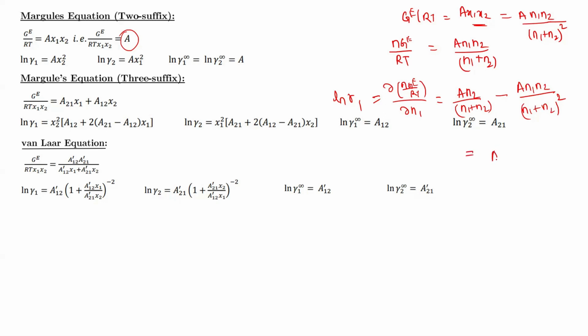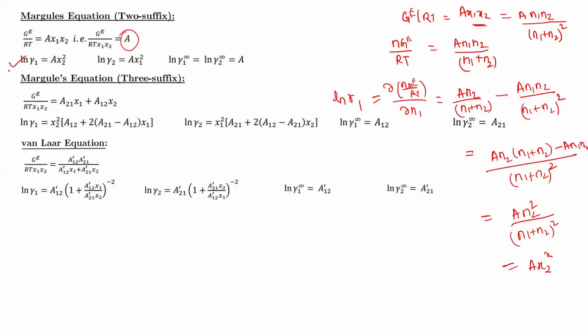This will give us N1 plus N2 whole square into A N2 times N1 plus N2 minus A N1 N2, which is A N2 square by N1 plus N2 square. So here this is A x2 square. And this is what we have written here.